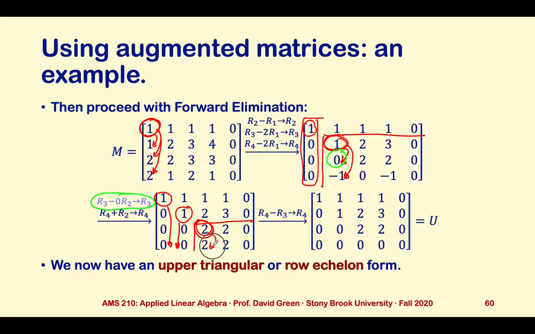We use this to eliminate down. How do we do that? The numbers are the same, so we just take the difference of the 4th row and the 3rd, row 4 minus row 3, to replace row 4. When we do this, 2 minus 2 is 0, 2 minus 2 is 0, 0 minus 0 is 0.